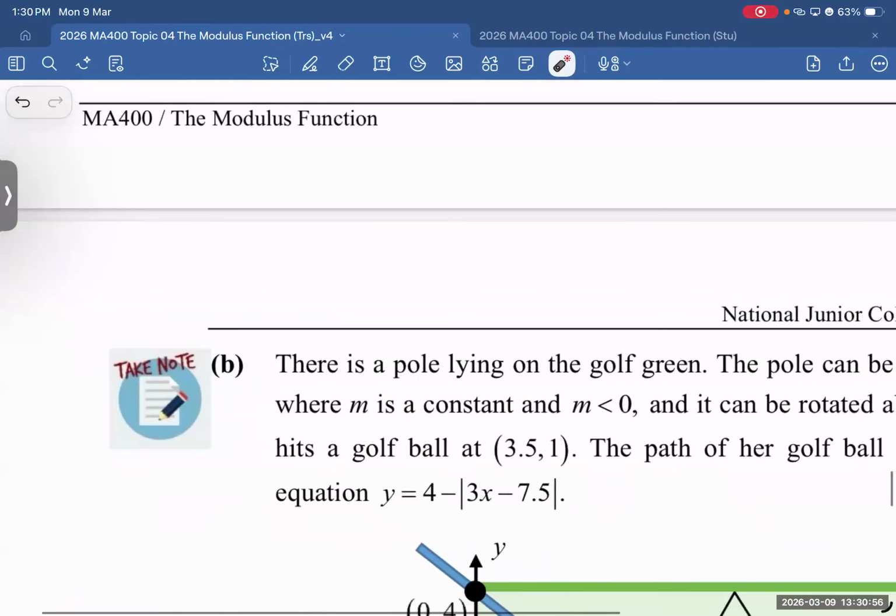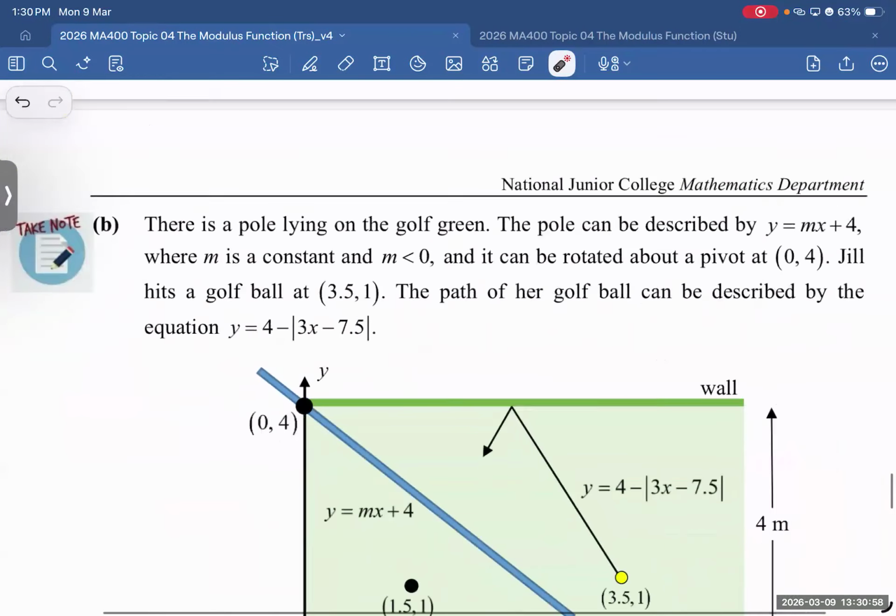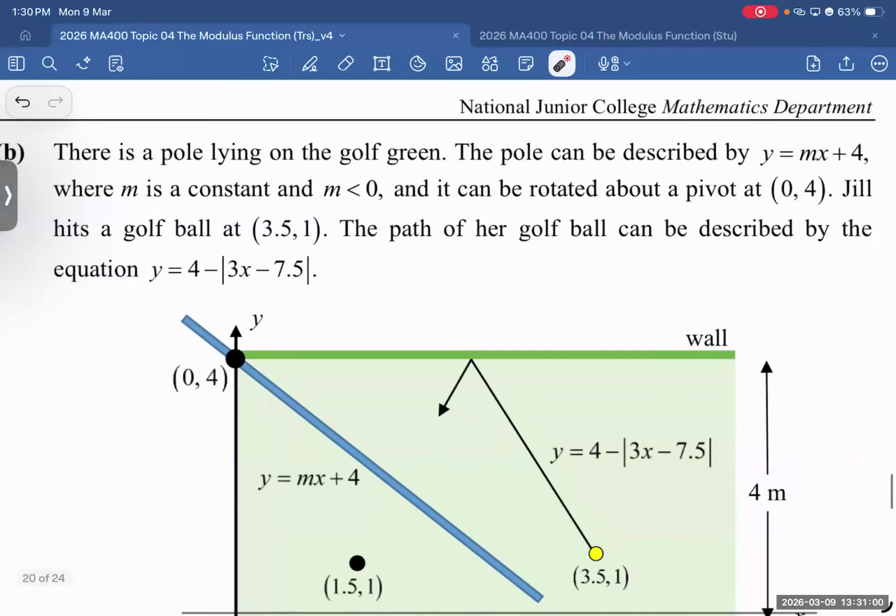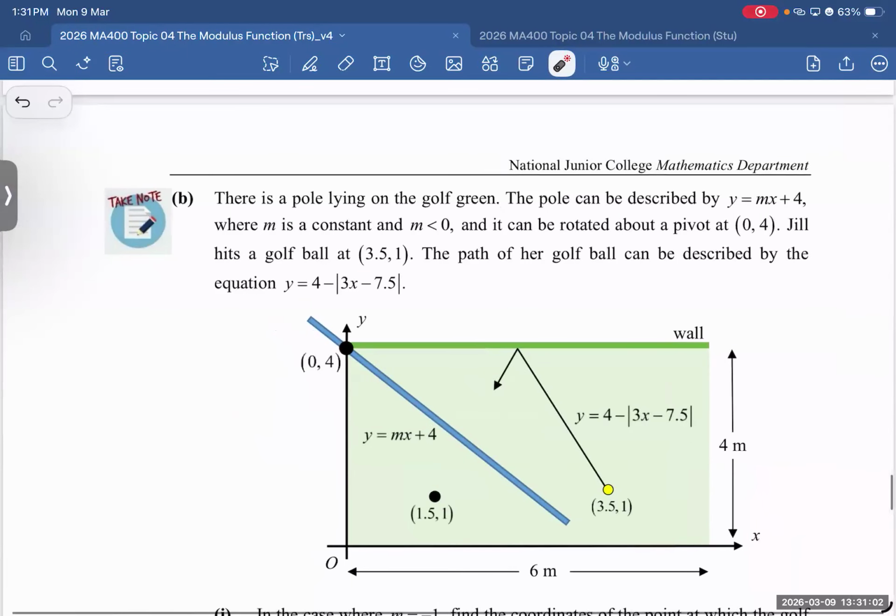Okay, so now there's a pole lying on the golf green. The pole can be described by y equals to mx plus 4. This is the pole, right? Those who play golf know you put a pole there to guide you. It can be rotated about a pivot at 0, 4.